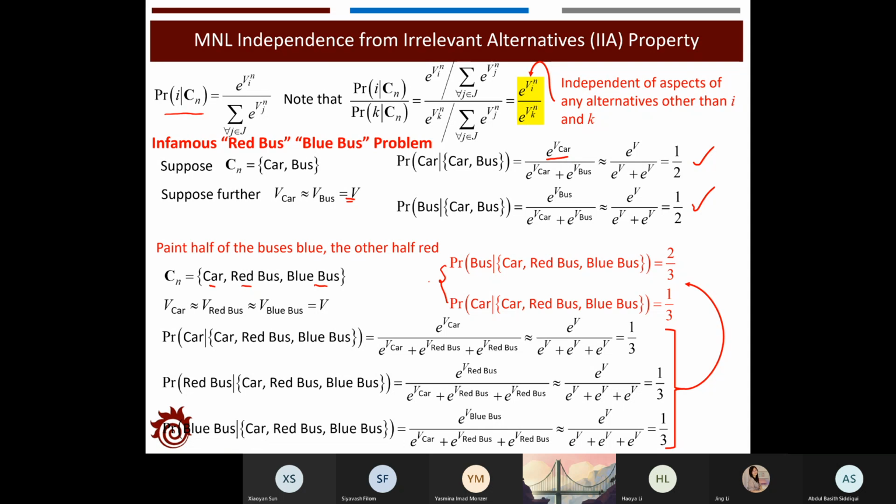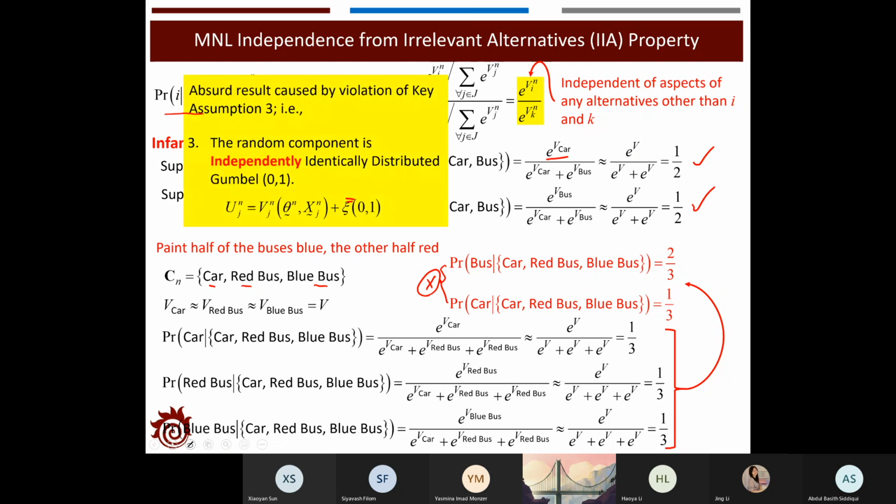It's not realistic. In our common sense, it should still be 1/2 for car, 1/2 for bus. So the problem is that we cannot apply the multinomial logit model to this specific problem directly because the IIA property is not satisfied.